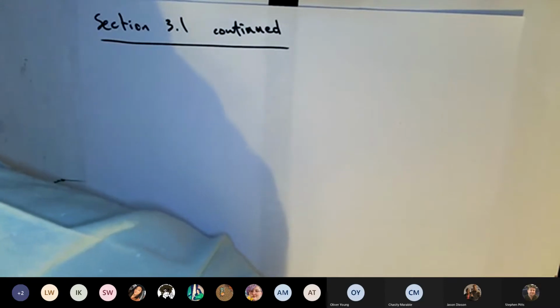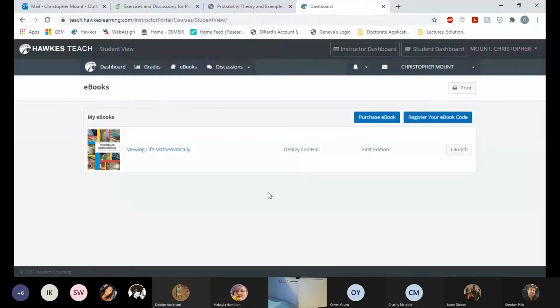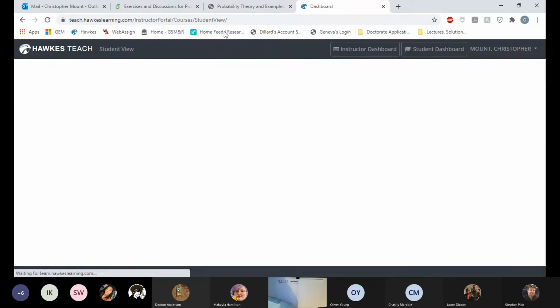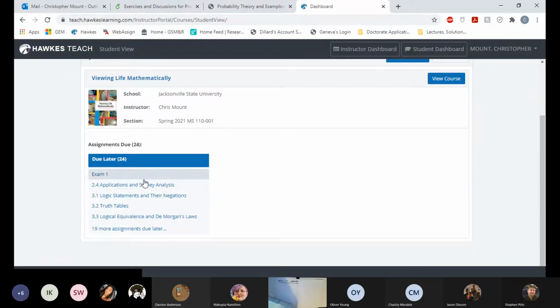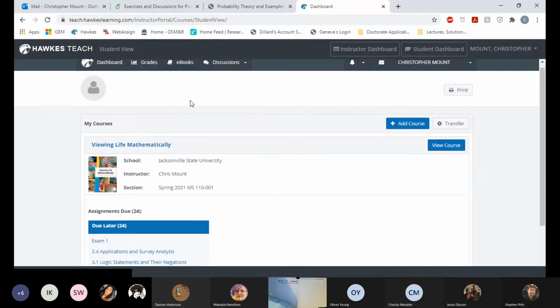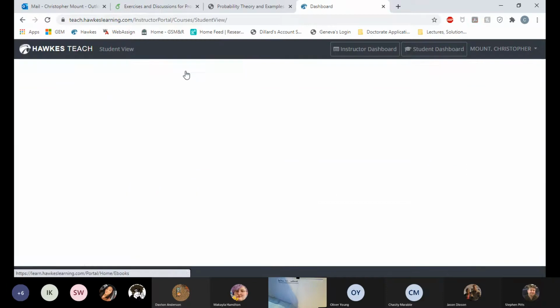And I'm going to screen share. There we go. All right, so just in case you don't remember how to get to your ebook, you get into Hawks, which will drop you into this page where you can see your assignments. Then up at the top, you click ebooks.